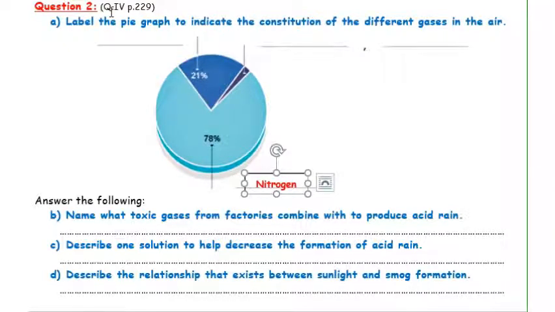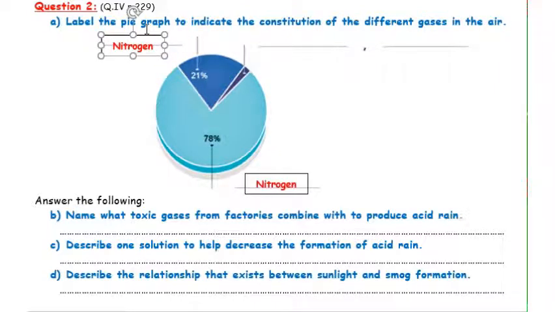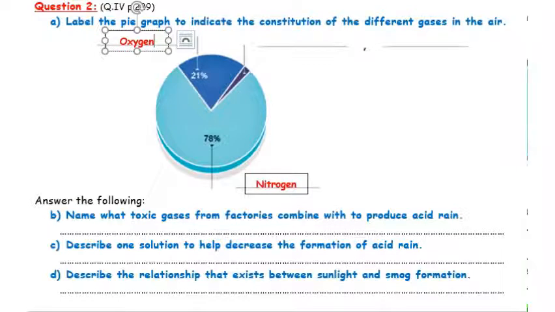What about the 21%? It is made of 21% oxygen. Perfect. So 21% oxygen. Okay, we still have 1%. So air also has small amounts of lots of other gases.